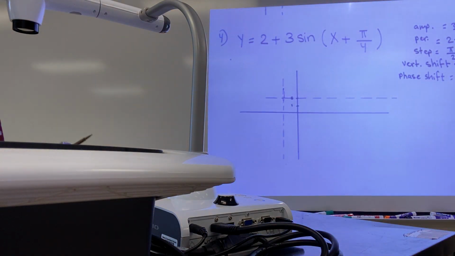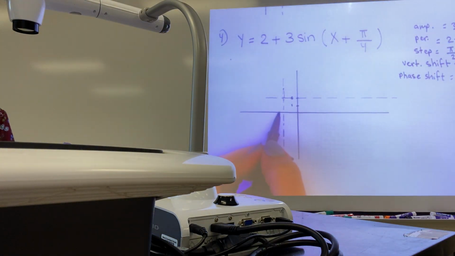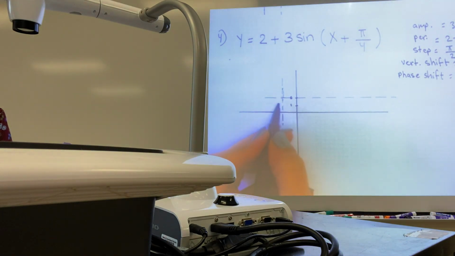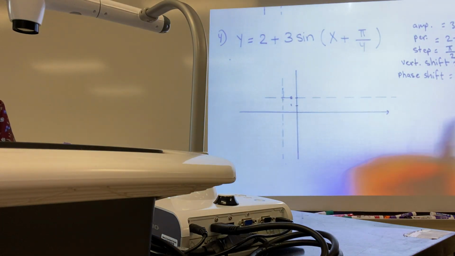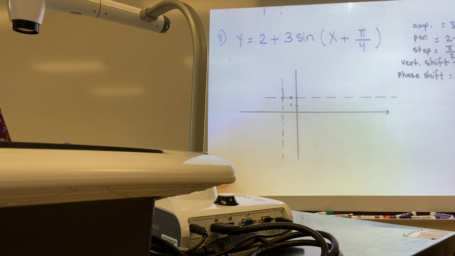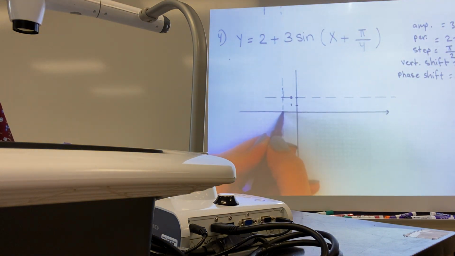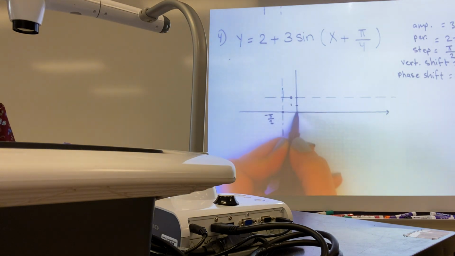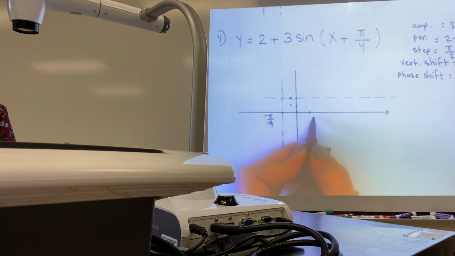Okay, so I'll take values for the x, and since the step is pi over 2, and then 0, this, okay, and then what do I have here?